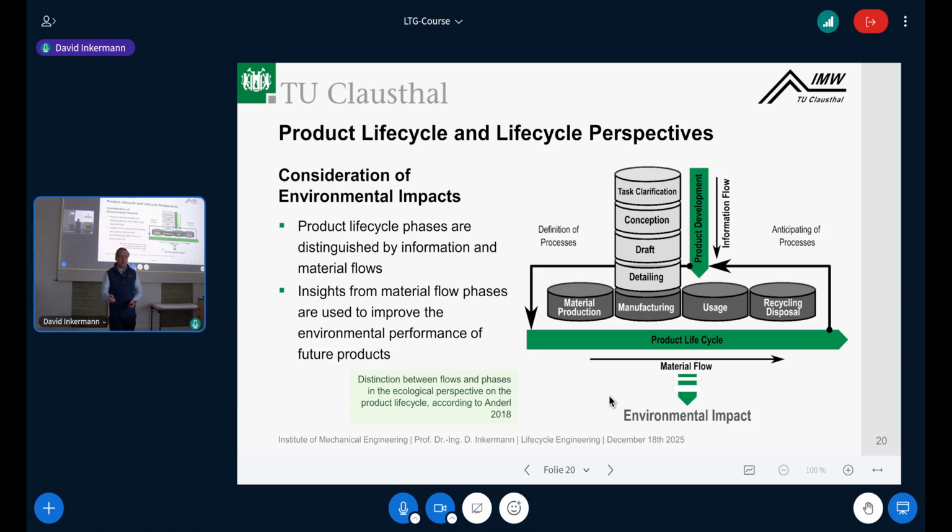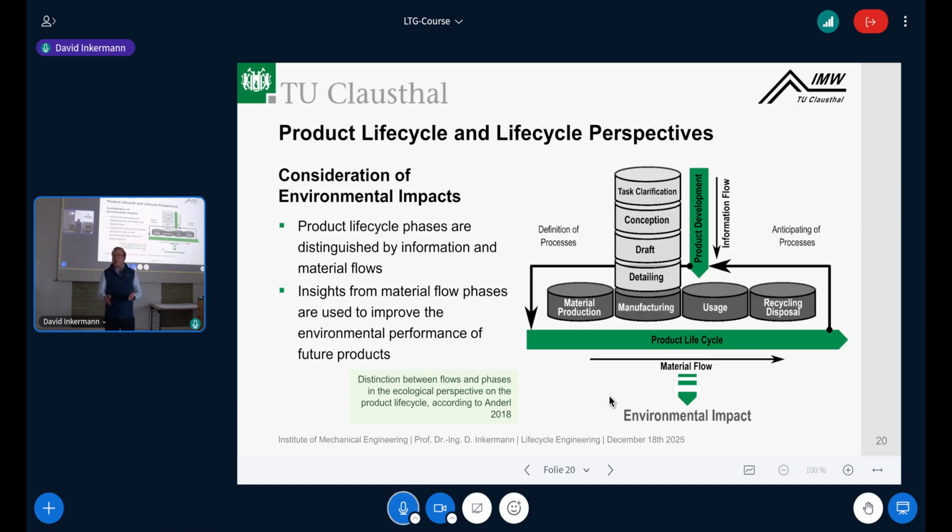And just to give you one example, over a long period of years there was the intention to reduce the weight of a vehicle, yes? That's what you can do with lightweight design, fiber reinforced plastics, all different materials. The intention was if we are able to lower the weight of the car, we will also spend less energy within the use phase, because it's not as energy consuming to drive the car.